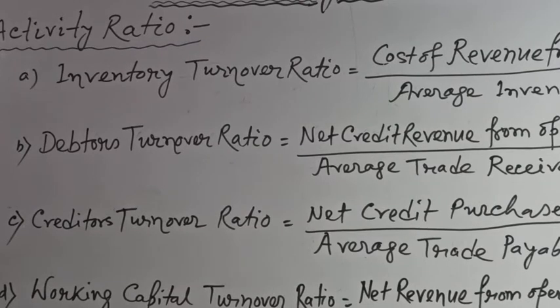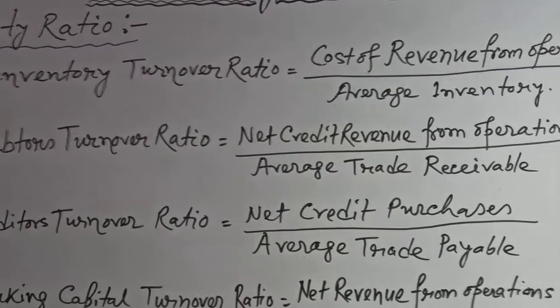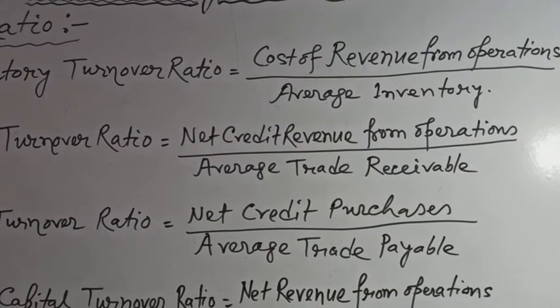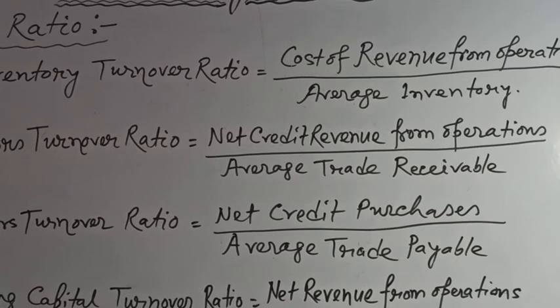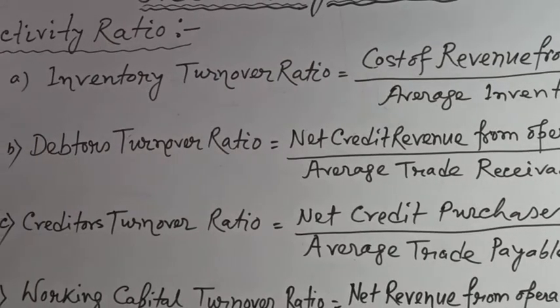Debtors turnover ratio may be calculated with the following formula: net credit revenue from operation divided by average trade receivable. Okay. Now, what is the meaning of net credit revenue?